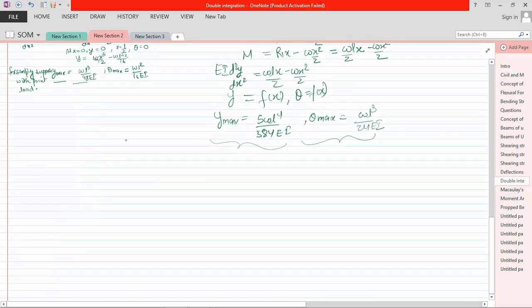Suppose this is given, this is a cantilever. Now it is given that it is a UDL, but the UDL is only up to half.